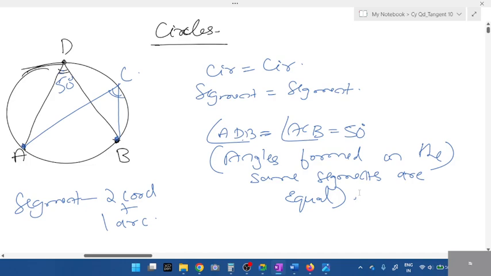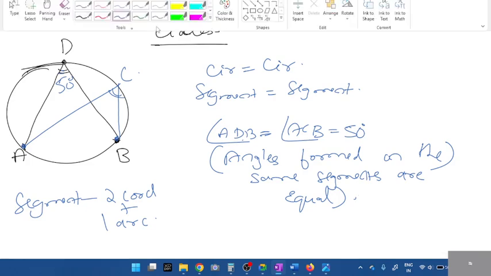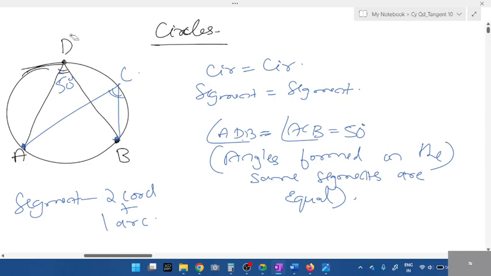If you use a triangle, if you use an isosceles triangle, just mention why it is isosceles, because circle radii are equal. Ah, yes, you can write this.